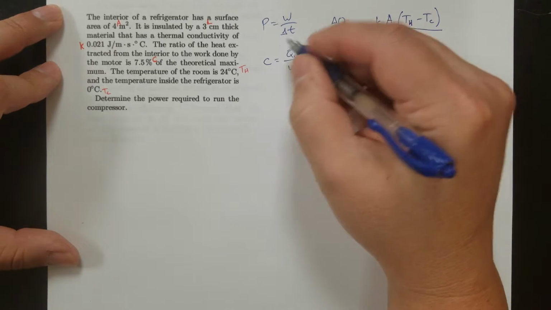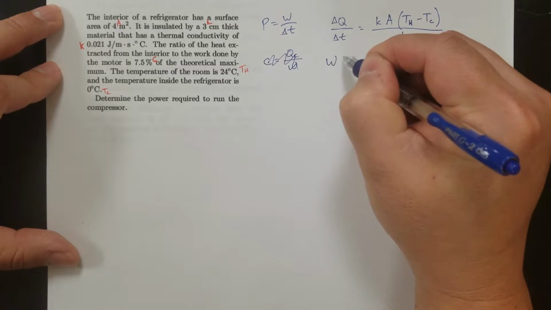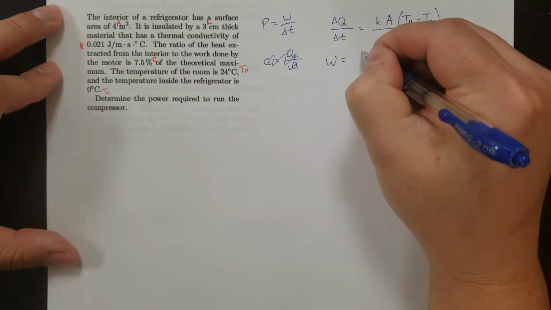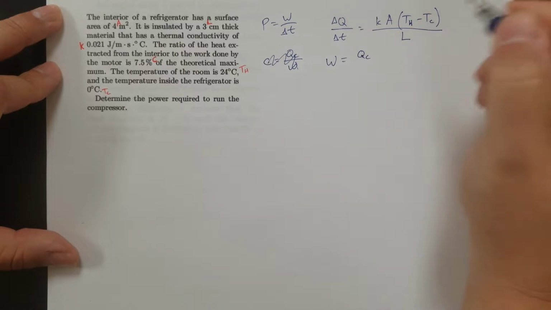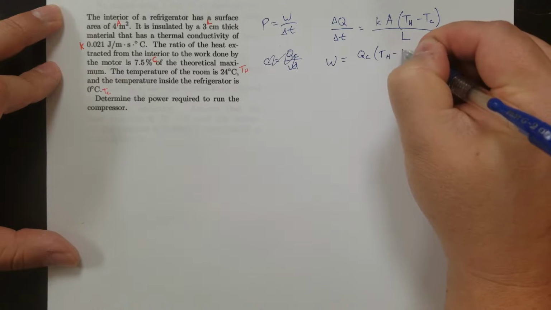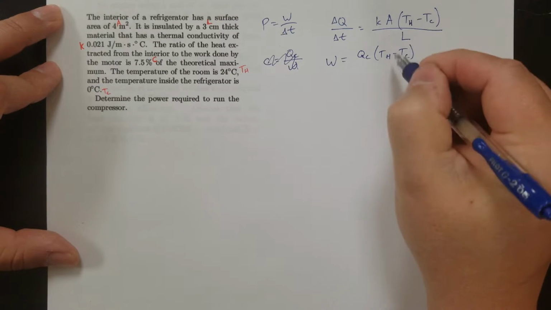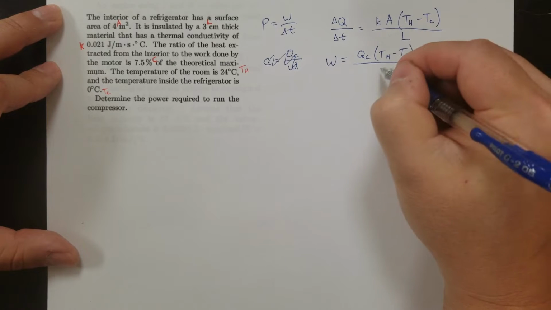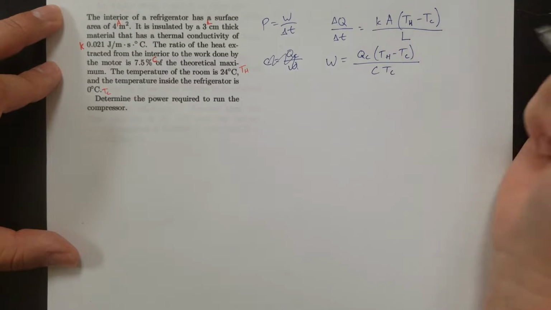Or I can say work is QC times the temperature difference, so hot minus cold, divided by the coefficient times the cold temperature, right?